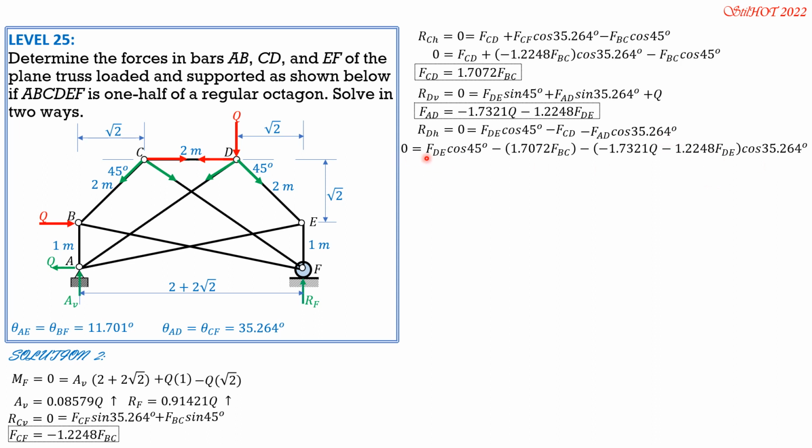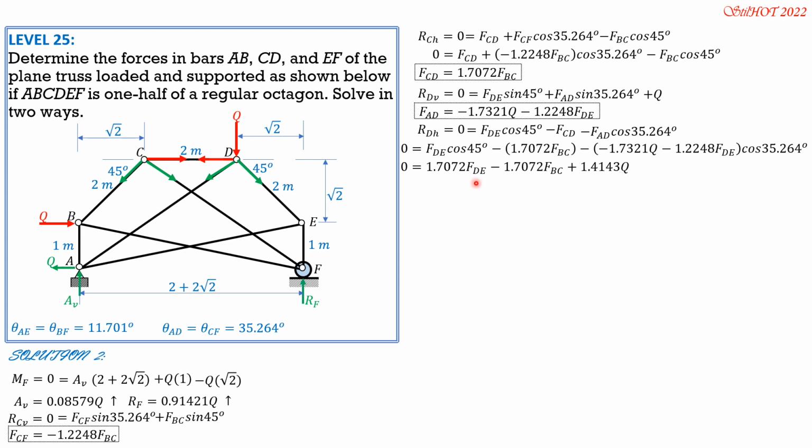So combined FDE cosine 45, then negative, negative, so plus 1.2248 FDE cosine 35.264 is 1.7072 FDE, then minus 1.7072 FBC, then for Q, negative of negative 1.7321, so positive 1.7321 Q, cosine of 35.264 is 1.4143 Q.